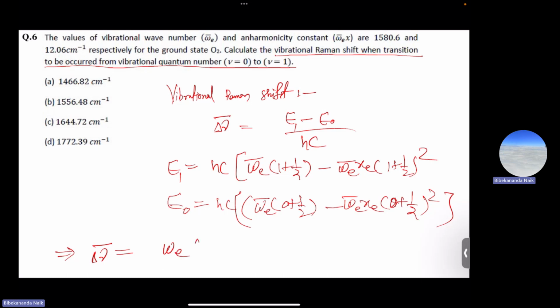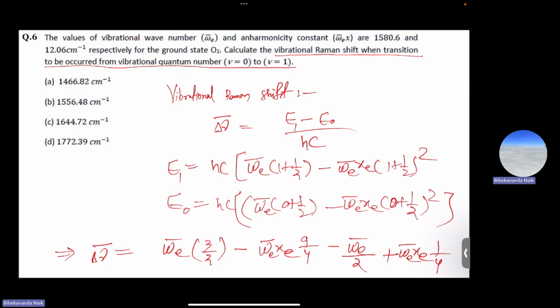So we have omega e times 3 by 2, minus omega e xe times 3 by 2 squared, which is 9 by 4, then minus omega e by 2, plus omega e xe times 1 by 4.